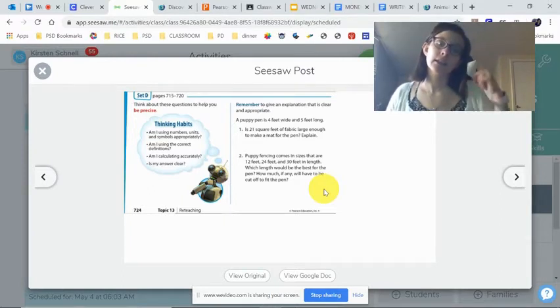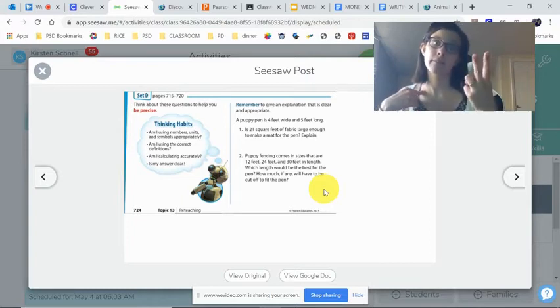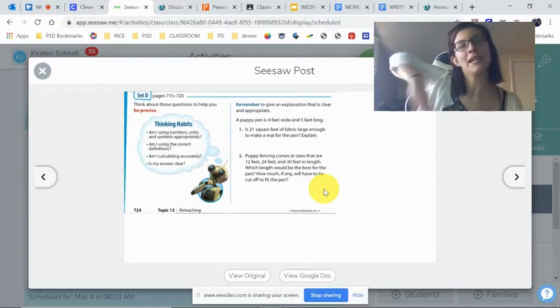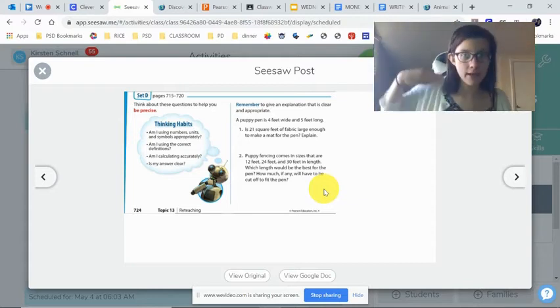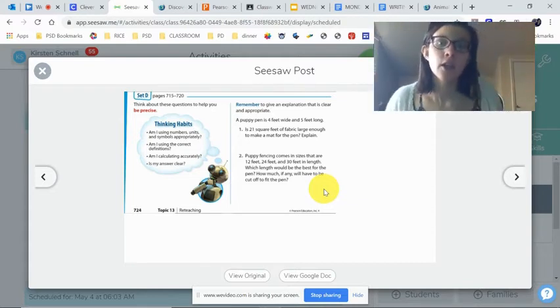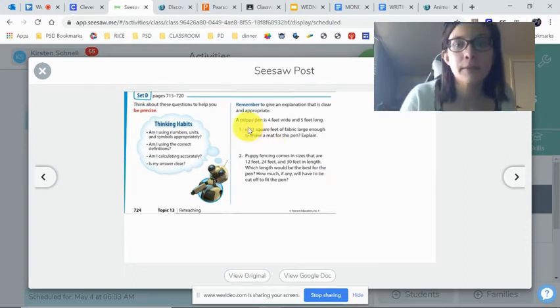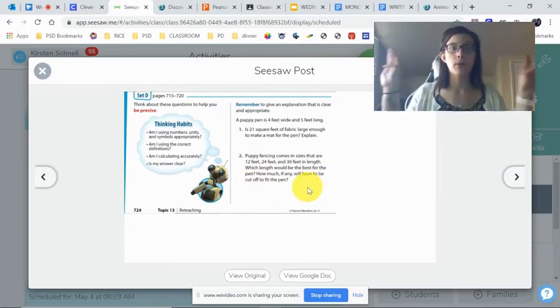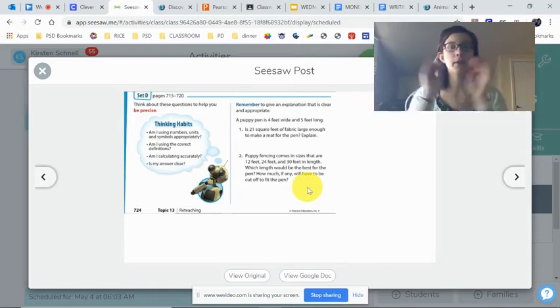So I want you to think, what operation or what formula will help me best? Perimeter or area? After you figure out what operation would help you best to figure out what fabric would fit in the bottom of the pen, then you're going to think, will 21 feet be big enough? Or which one of these lengths of fencing will help with going around the perimeter of the pen? Okay.